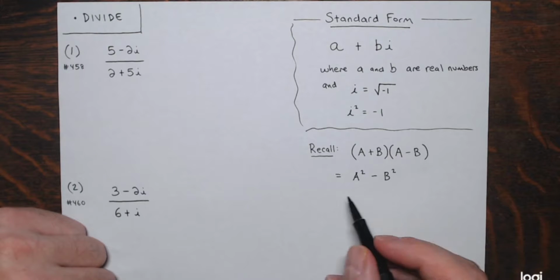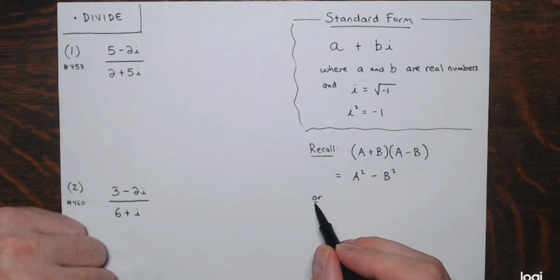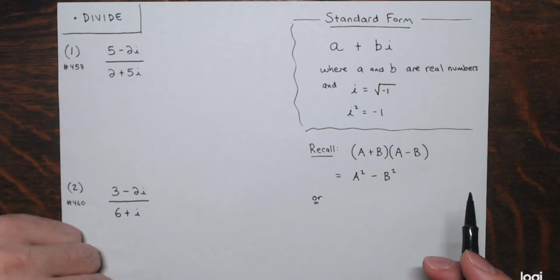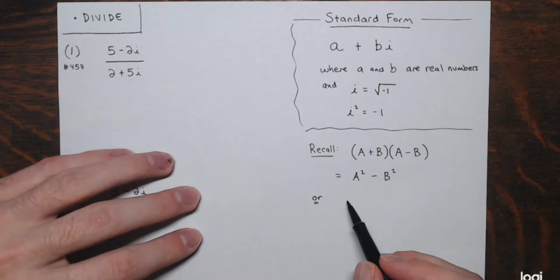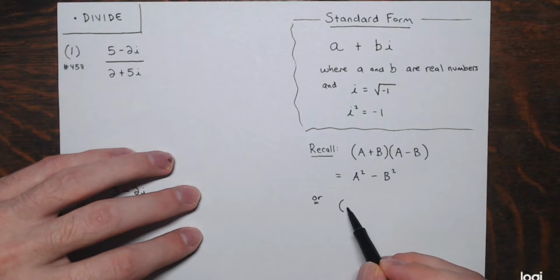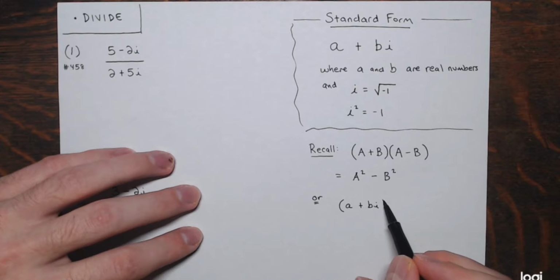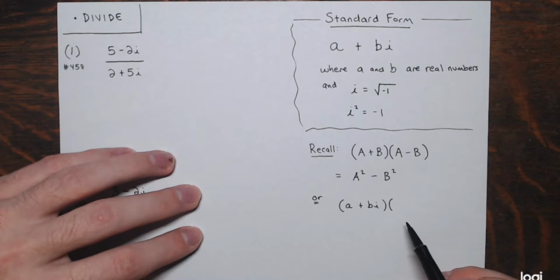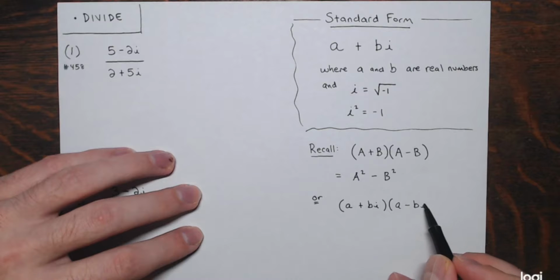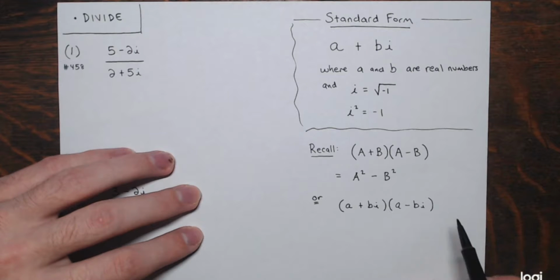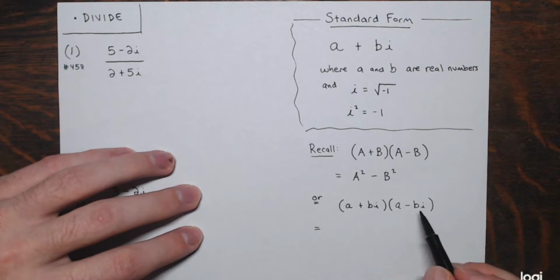Or, if you're talking about complex numbers, if I write a number in complex standard form, a plus bi, and multiply it by its conjugate, a minus bi, it still results in a difference of squares.